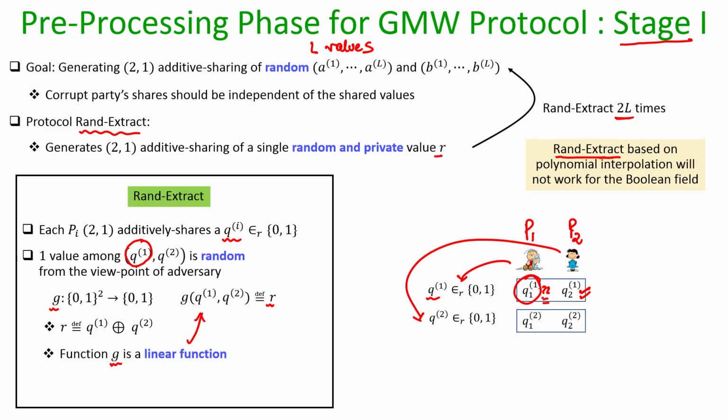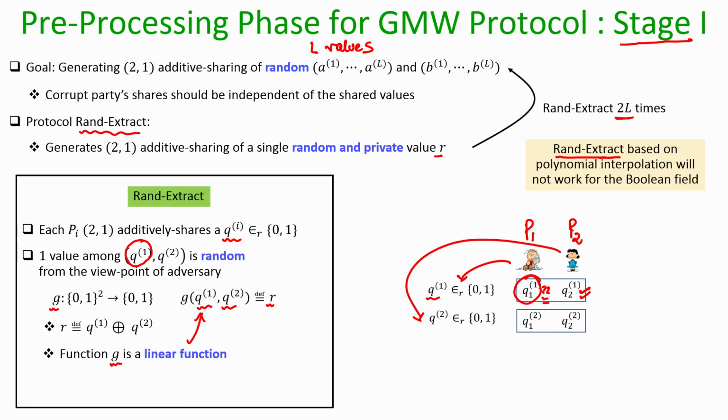And now we know that this XOR sharing, or additive secret sharing to be more specific, allows the parties to compute linear functions on the shares of the inputs. So, what are the inputs for the function G here? The inputs are Q1 and Q2. None of the parties knows the full value of both: P1 does not know the full value of Q2, and P2 does not know the full value of Q1. So, the parties hold only the shares of Q1 and Q2.